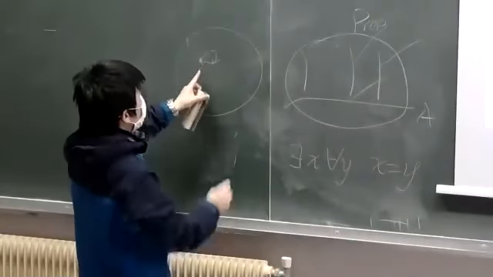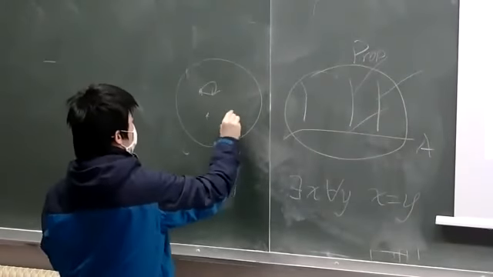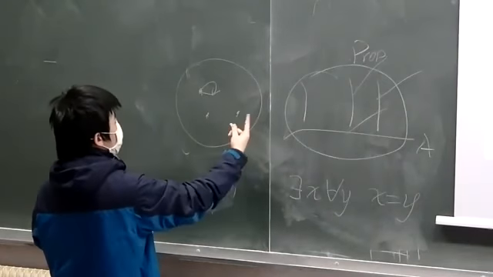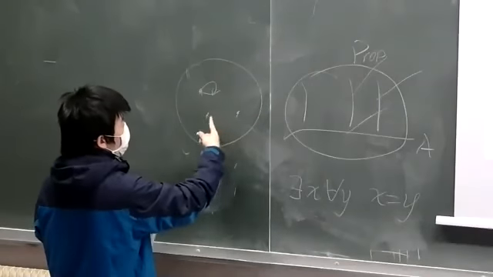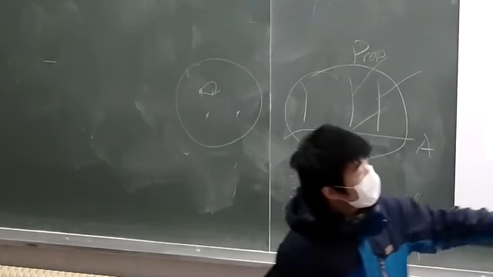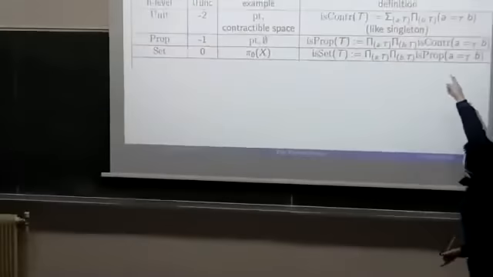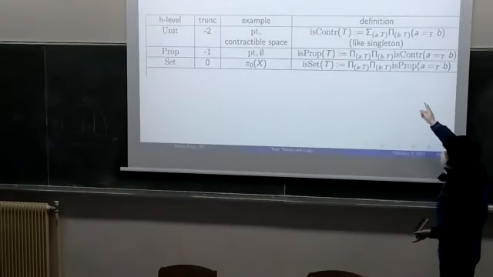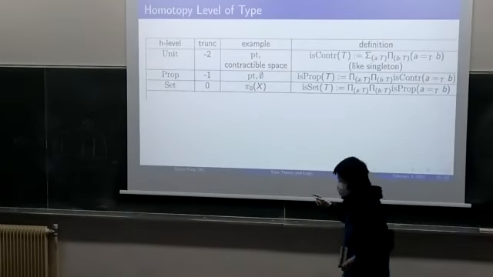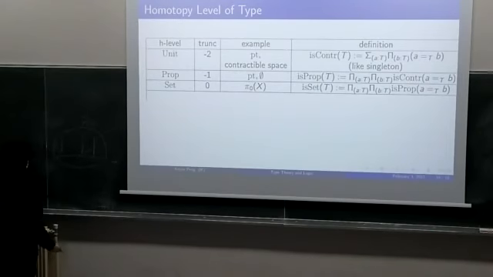Elements of a set are either equal to themselves, or any two distinct points are not equal to each other. So the path or identity type of A and B is just a proposition. This is a traditional thing to me. We only care about whether they are equal or not.